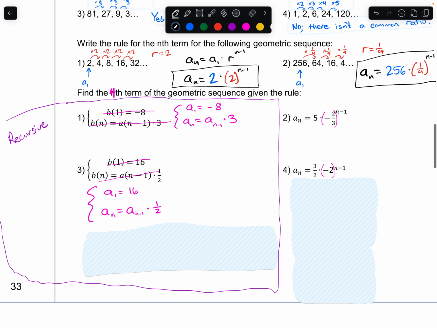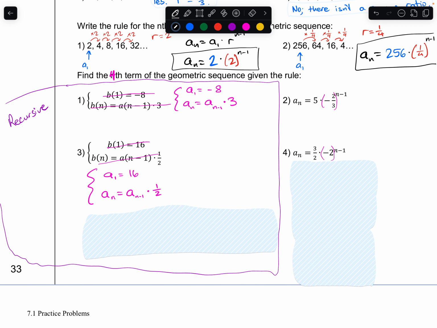All right, last part, and then we're done. Find the fourth term. Again, take some time, make the corrections in pink, pause the video if you need. Find the fourth term of the geometric sequence given the rule. We've got 2 recursive rules here. Sometimes they write it like that, they can write A or B as the sequence.